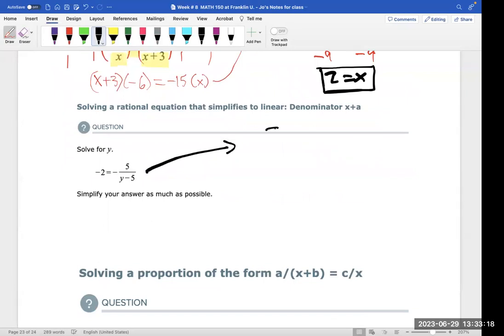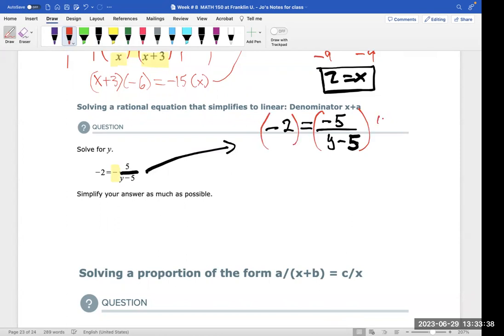Given this problem here, negative 2 is the same thing as negative 5 over y minus 5. Notice rules with negative hanging out in front of a fraction. You can put it in the numerator or the denominator, but not both. Now I can do whatever I want to both sides.